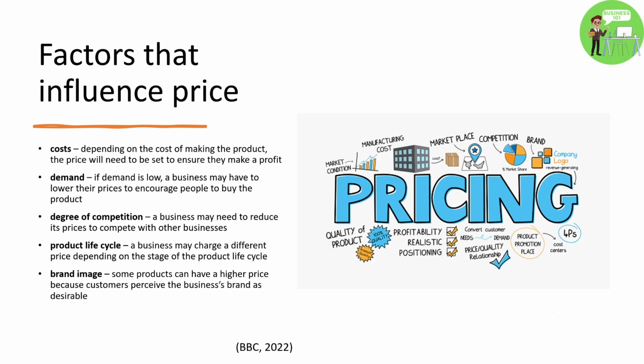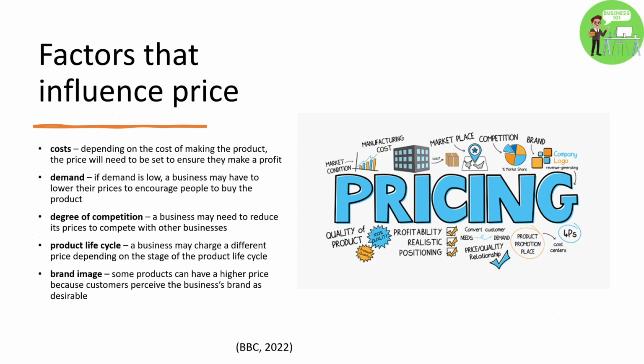So there are several factors that influence price. Number 1 is costs. Depending on the cost of making the product, the price will need to be set to ensure they make a profit. So the price reflects the costs and then adds some, essentially. Demand. If demand is low, a business may have to lower their prices to encourage people to buy the product. Degree of competition.